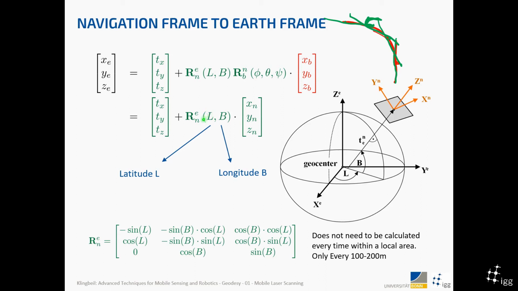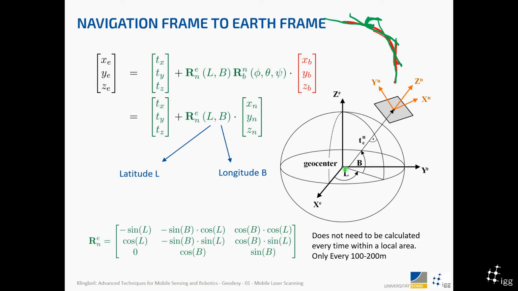Yeah, and as soon as we did that, as soon as we are in the Earth frame, we can apply this transformation here. And this transformation gives the position of our vehicle, or our navigation frame, or our body frame, that's all the same, within the Earth frame.